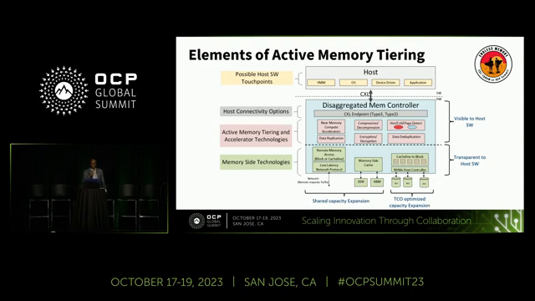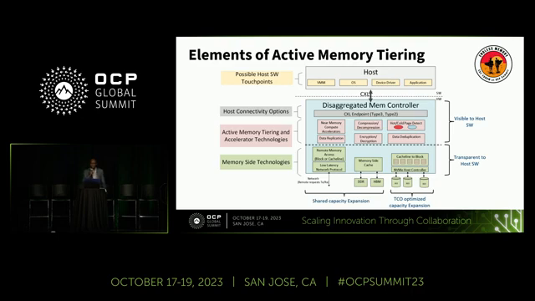I think the prior speaker also mentioned a few of those, including memory health monitoring and detection and so forth. But in addition to that, you could do hot cold page detection. This allows you to seamlessly migrate pages between the hot memory tier and the colder memory tier, which is the tier 2 memory.